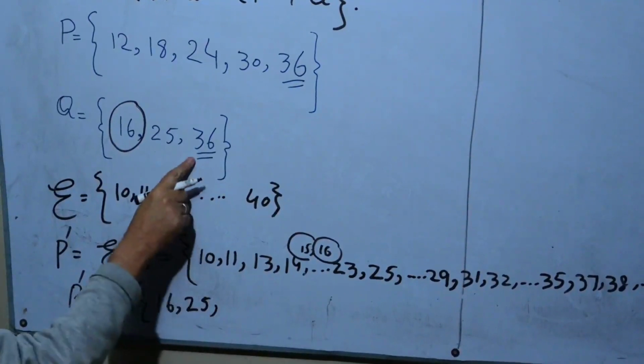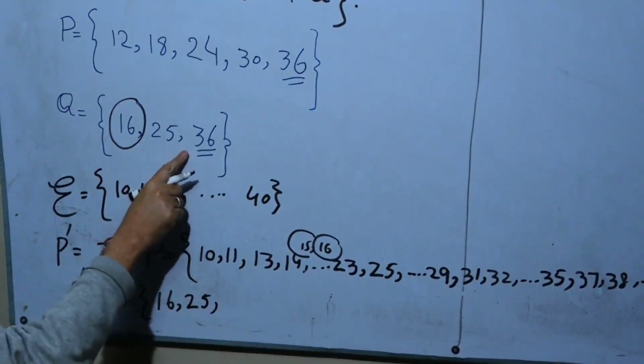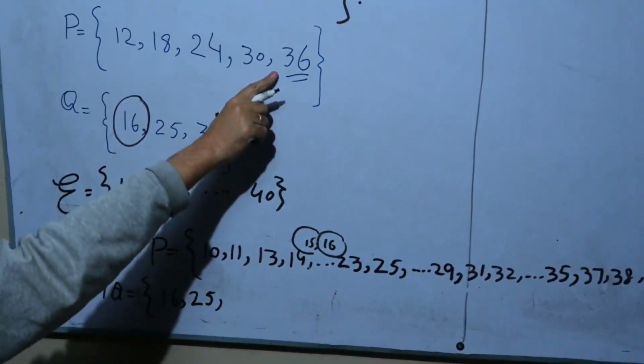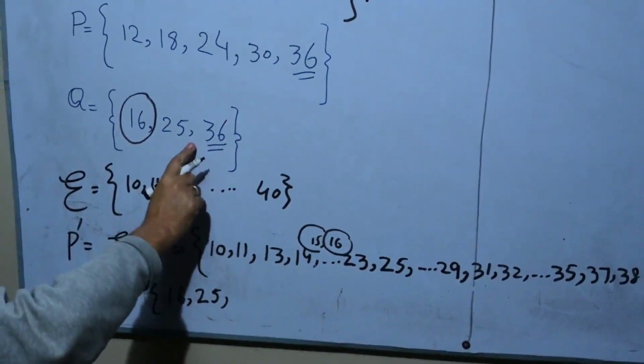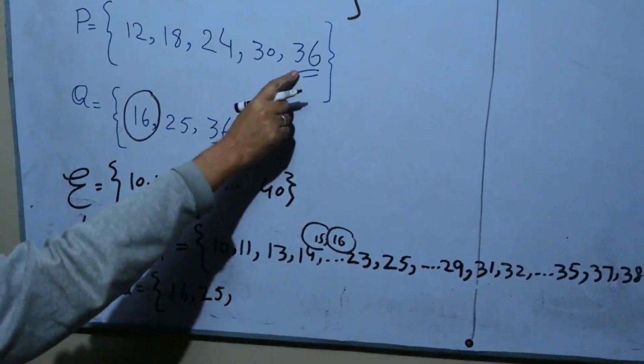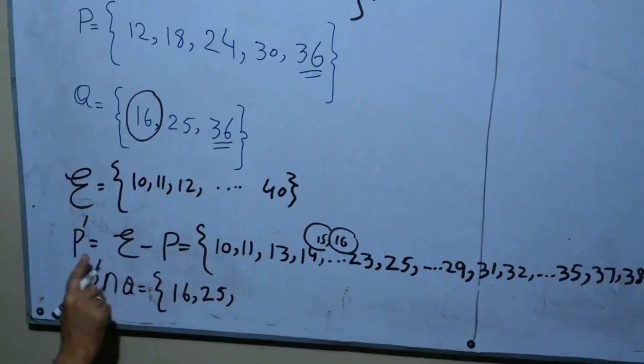Then next is 36. 36 is a multiple of 6, so it is in P. Any element that is not in P but in Q will be included there. So 36 is in P, so it is not in P complement.